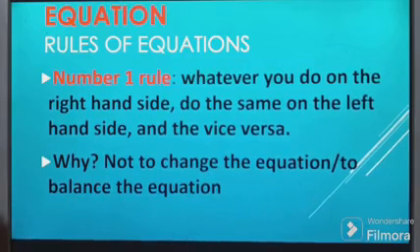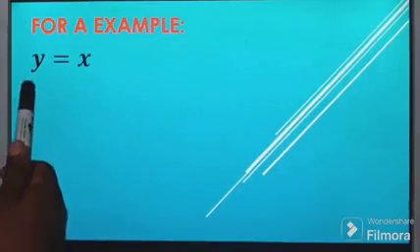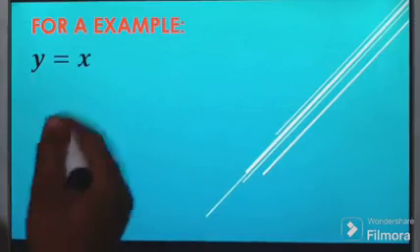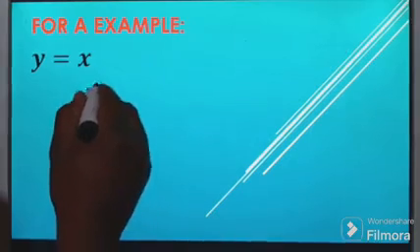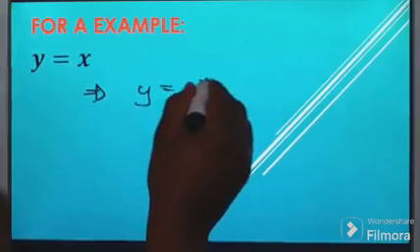So what we are doing is we do not want to change this equation. Let's see, for example, we have the equation y is equal to x.